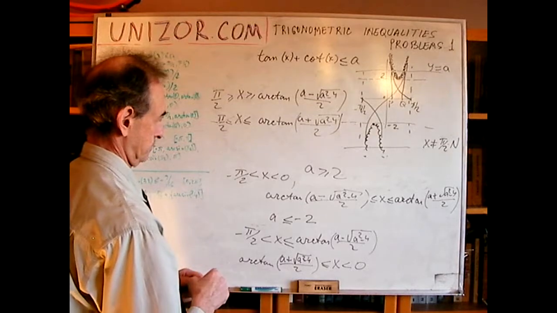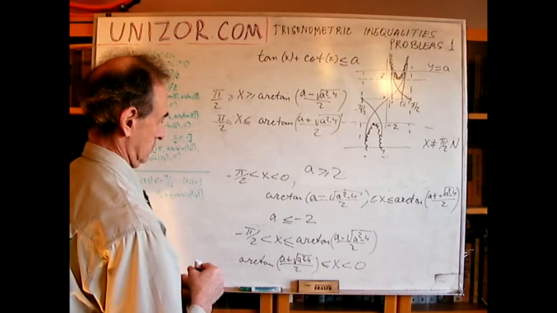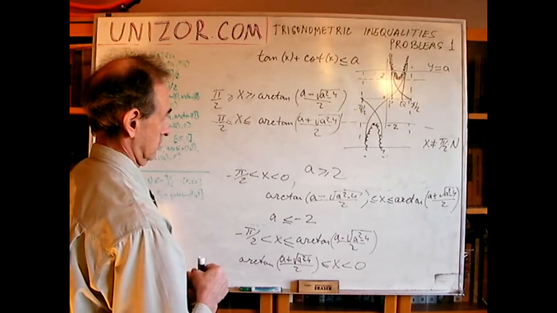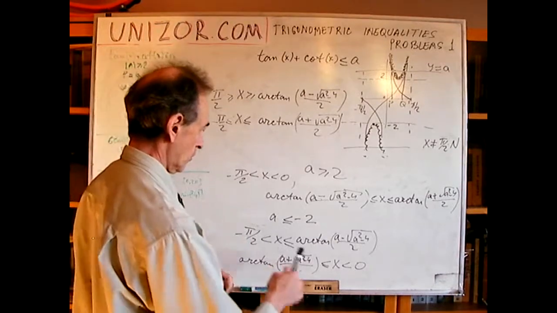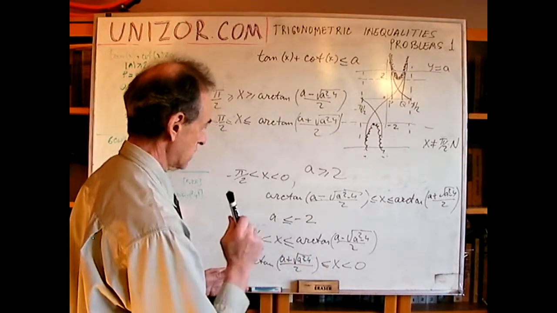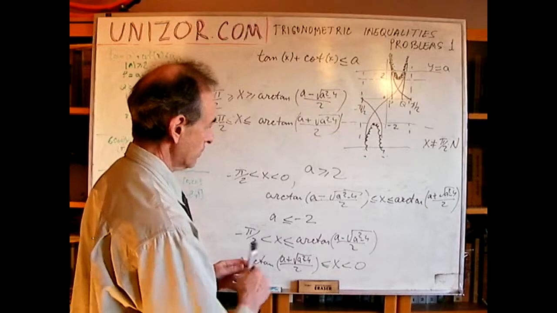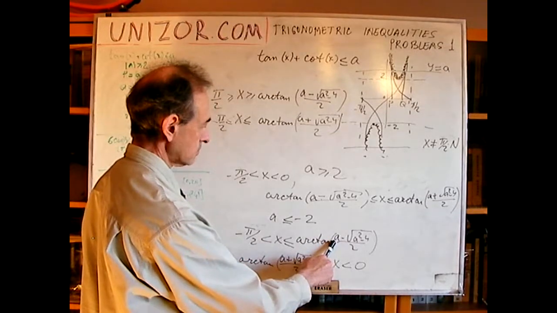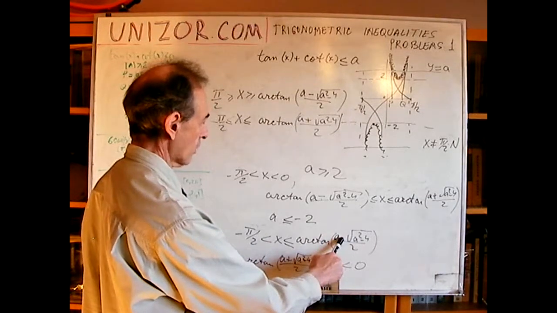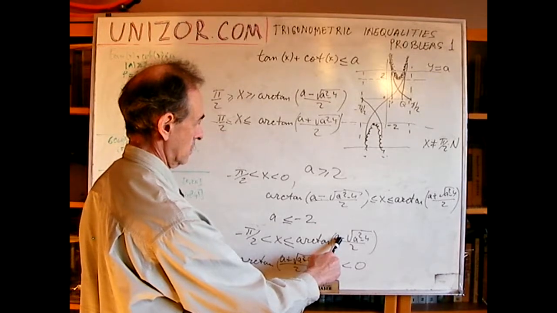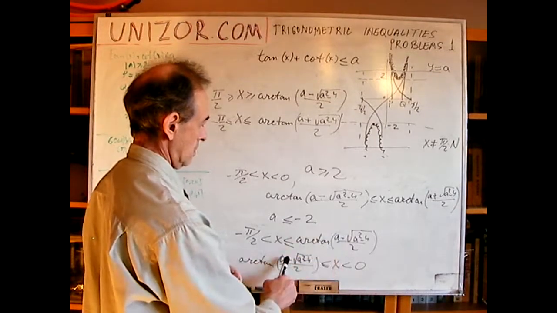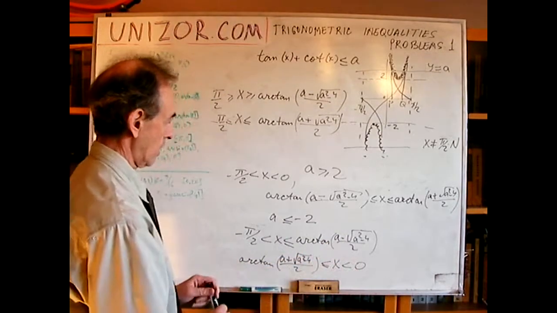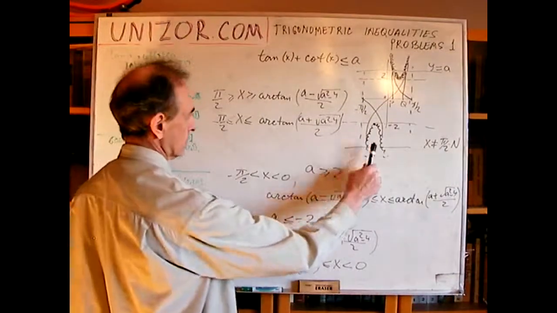Right? Not sure which is plus and which is minus. Let's just think about it. If a is negative, then this is more negative than this. So that's correct, right? So it's two intervals here.